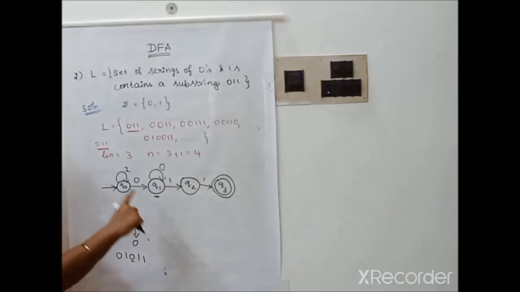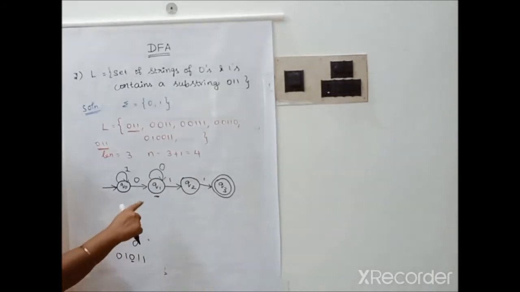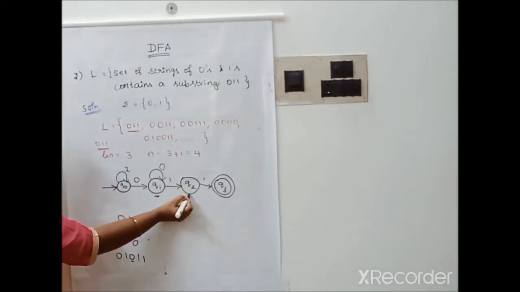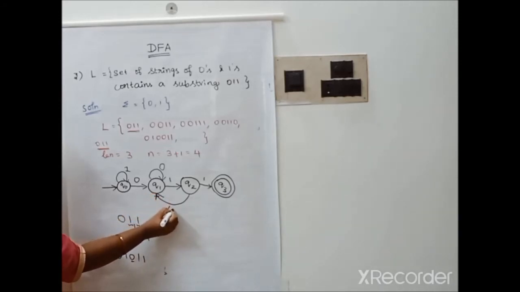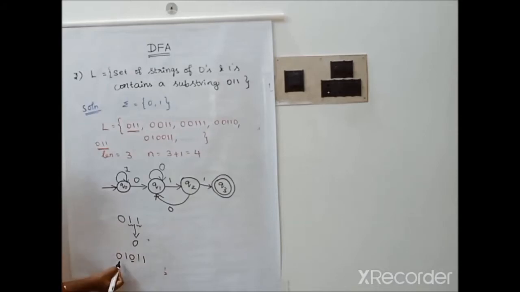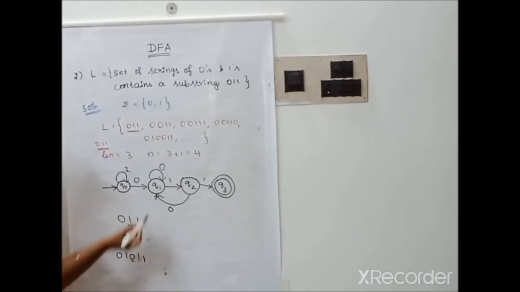Among these states, from which state can we read two 1s? From Q1 we can read two 1s. Therefore from Q2, if we move to the state Q1, then we can read two 1s after reading 0. Take the example 01011. For the first 0, it changes the state to Q1. For the first 1, it changes the state to Q2. In the state Q2, it reads the input symbol 0.